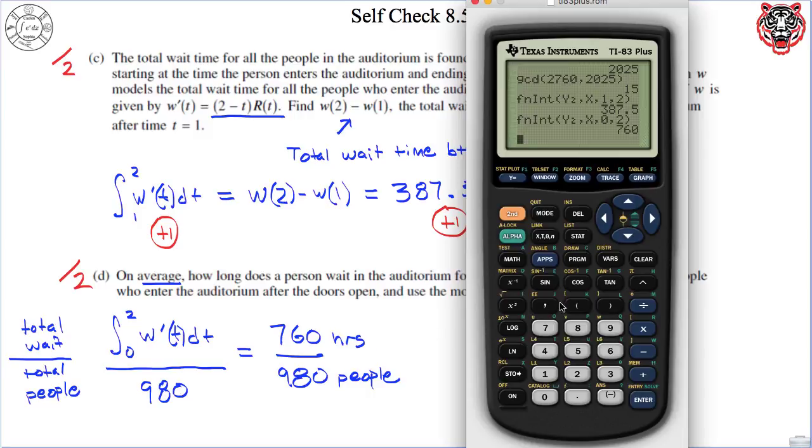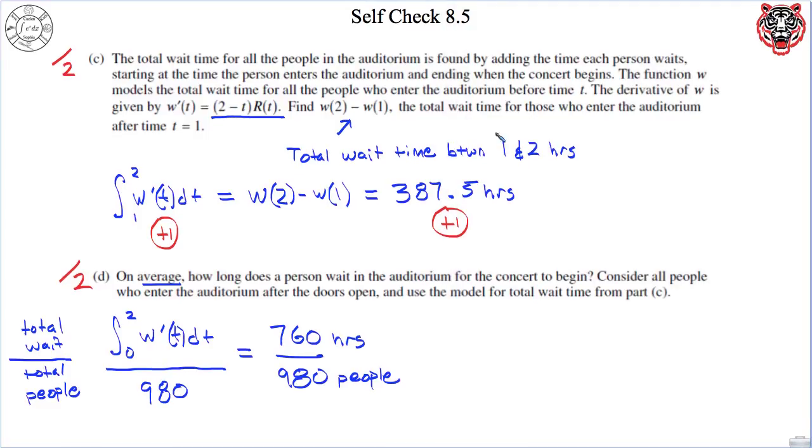And when I reduce that fraction, it is looking for decimal. It's going to be 760 divided by 980. This is going to be the average wait time per person, 0.776. We'll go to 3 decimal places. So this is approximately equal to 0.776 hours per person.